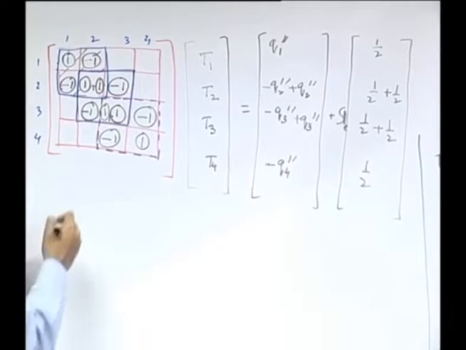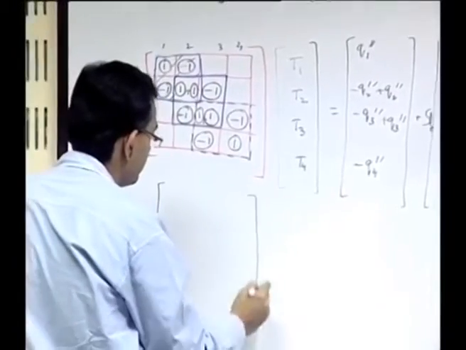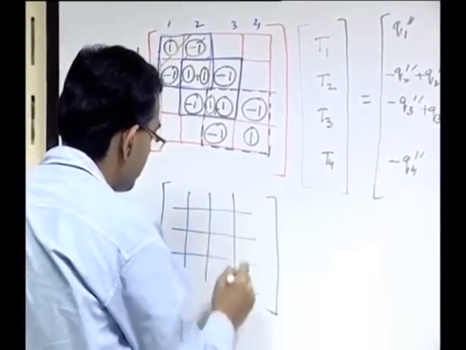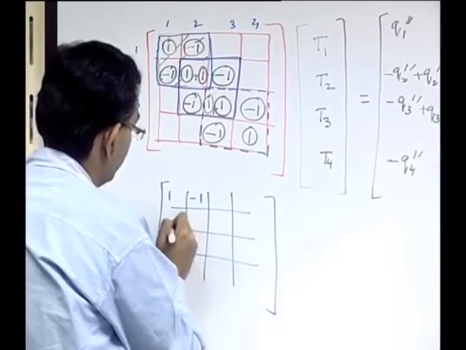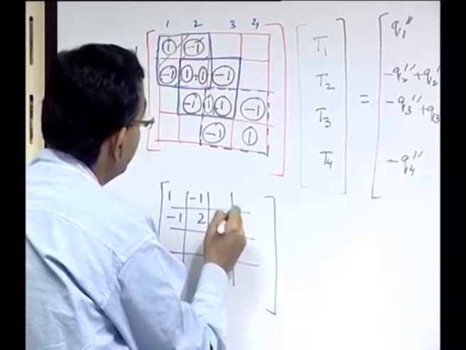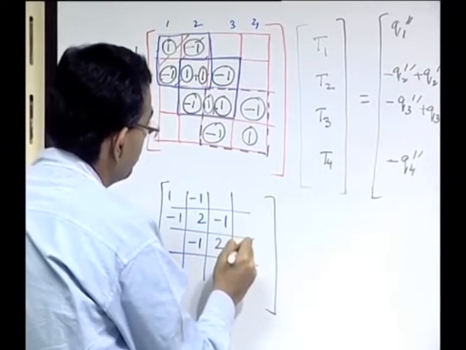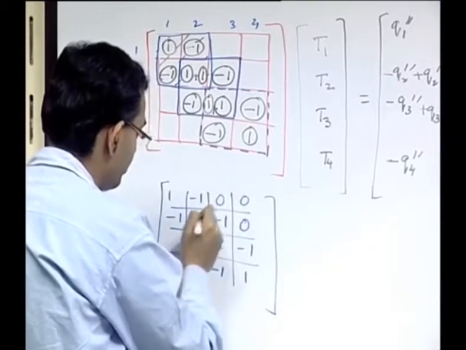So, if you assemble this, let us write the final form. So, 1 minus 1 minus 1 2 minus 1 minus 1 2 minus 1 minus 1 1, the remaining ones are zeros.